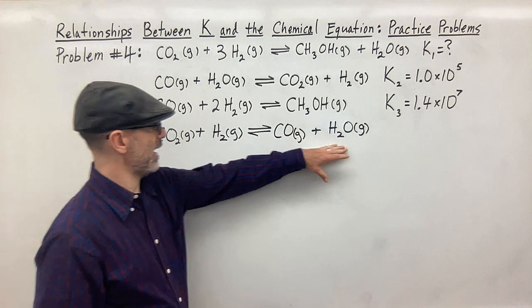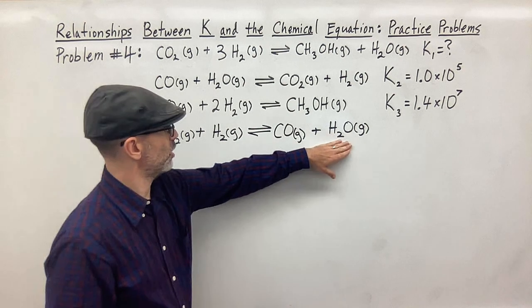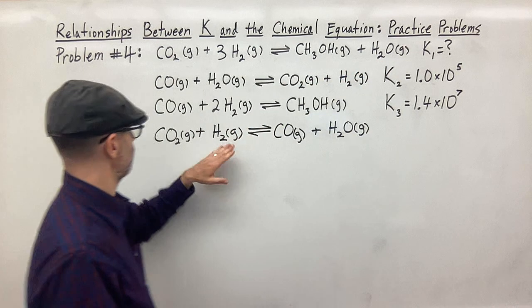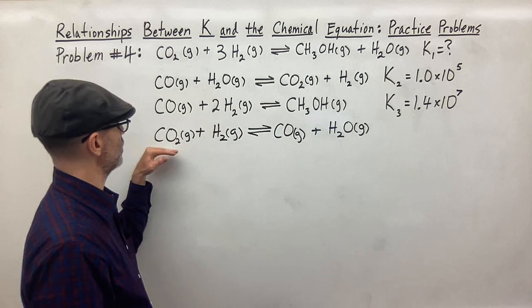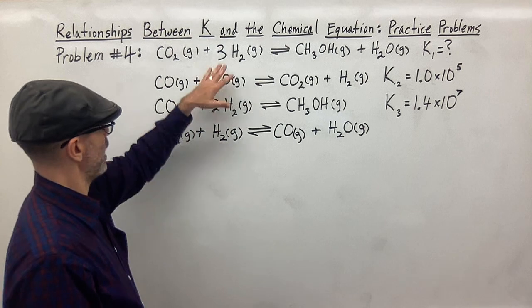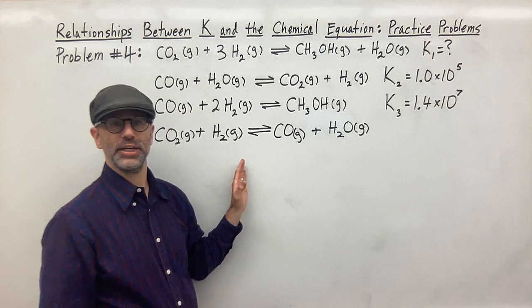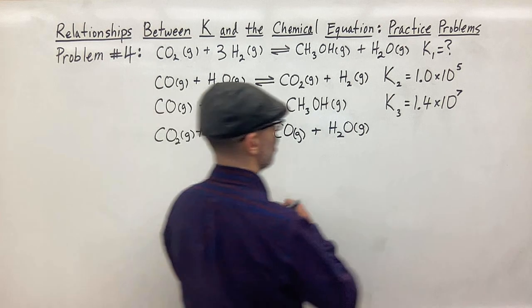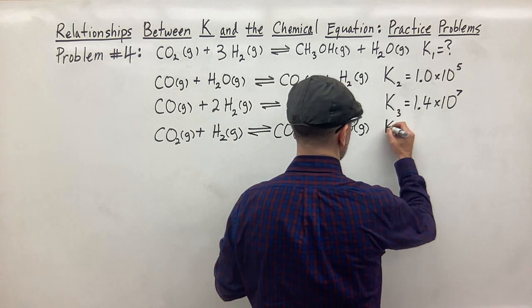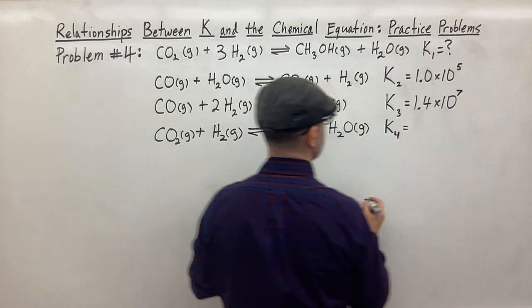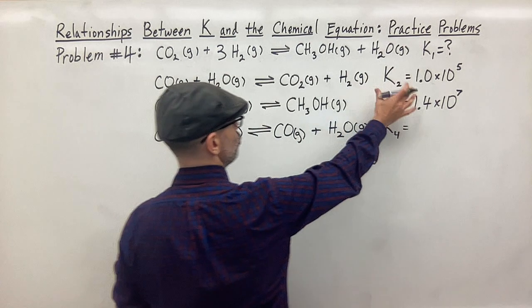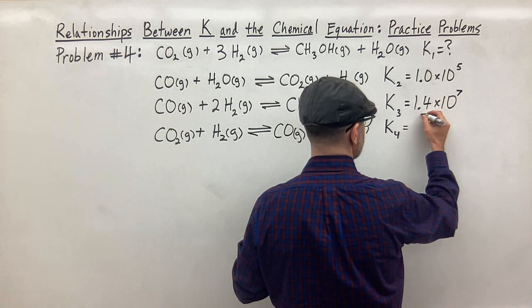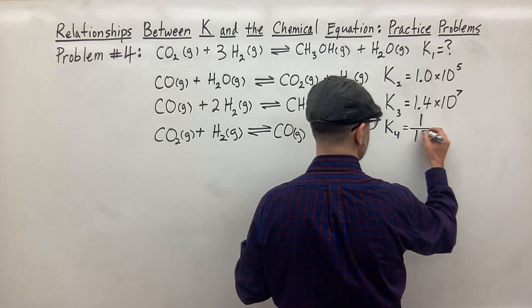So now that I have my water on the right side here, and I have my hydrogen and carbon dioxide on the left, where the reactants are, now all I need to do is figure out what the new K value is. For this reaction, we'll call this K4. So K4 is going to be equal to K2, except it's going to be the reciprocal of K2.